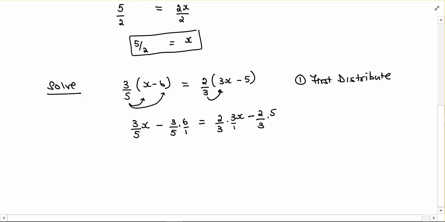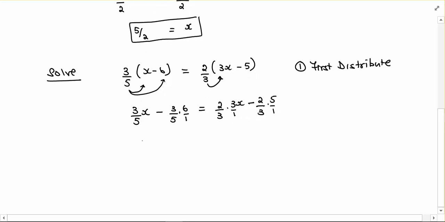I know you want to clear the fractions quickly, but just bear with me. Just do this step because it prevents a lot of errors. So over here I'm going to multiply across. That's 18/5 equals 6/3, right? 2 times 3. I can reduce that and write that as 2x minus, and over here 10/3.